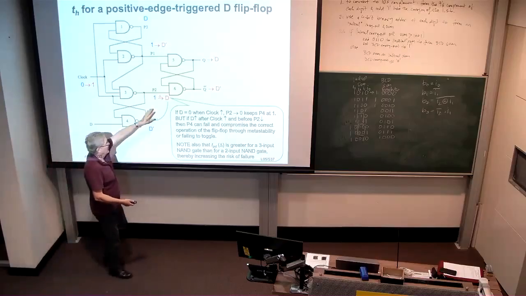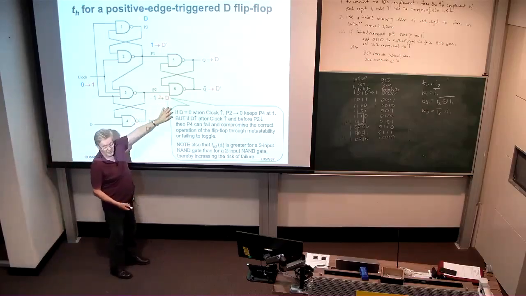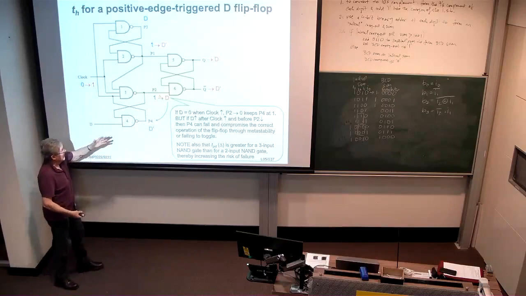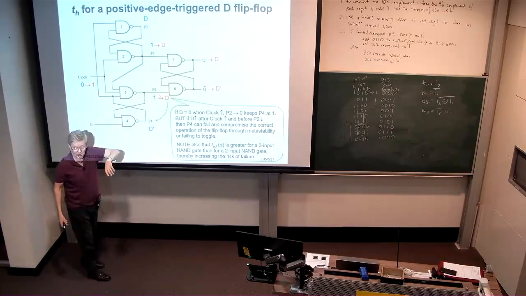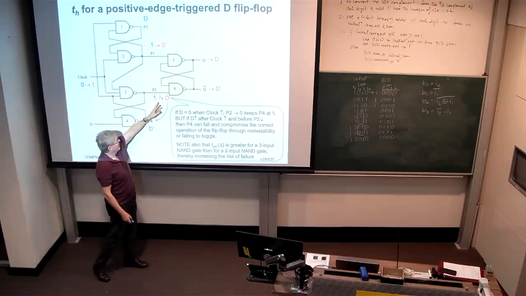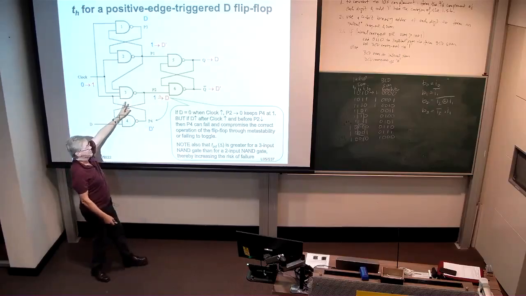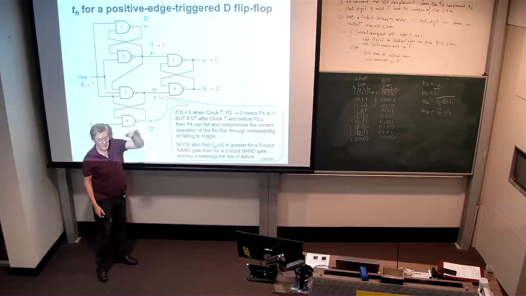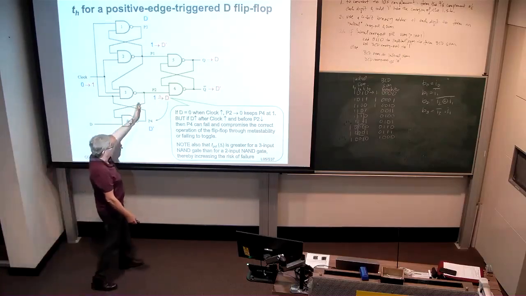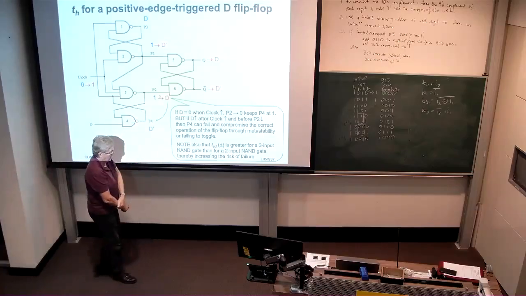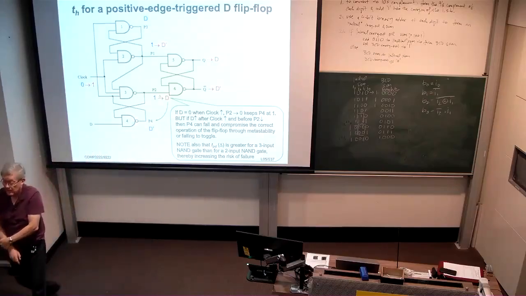Now, if D is 0, we know this point has to go to 0, right? But it's not going to do that instantly. It's not going to do it at the very instant that the clock goes high. Rather, there's a latency associated with this NAND gate as to how long that's going to take. So there's, let's say, a delta delay before P2 goes to 0.